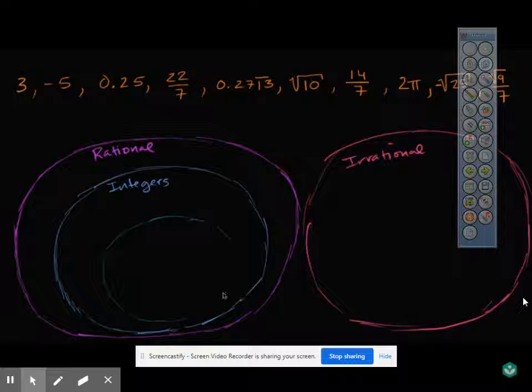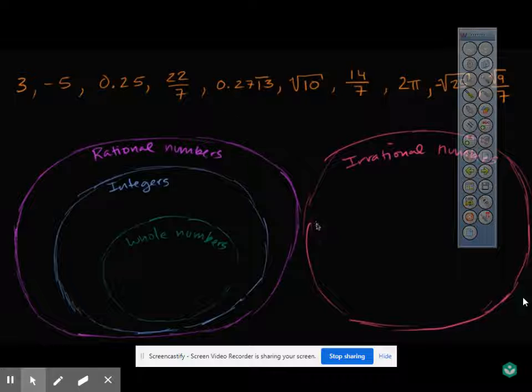These are going to be the whole numbers. And actually, let me just label it all. These are rational numbers, and of course, irrational numbers. And an integer, well, I could say, let's think about the integers. But I wouldn't say let's just think about the rational. I'd say let's think about the rational numbers.